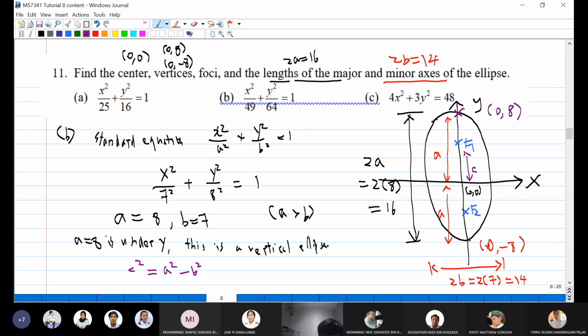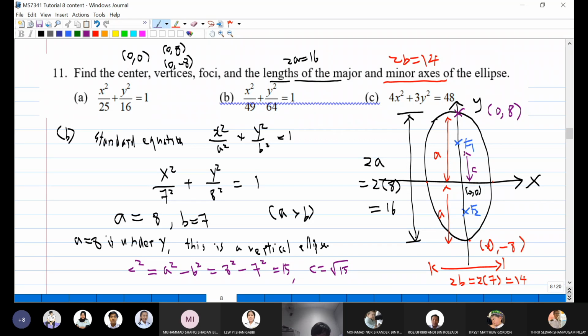Always memorize this. It's 8 squared minus 7 squared, so 64 minus 49, that's 15. Therefore, c is equal to the square root of 15.